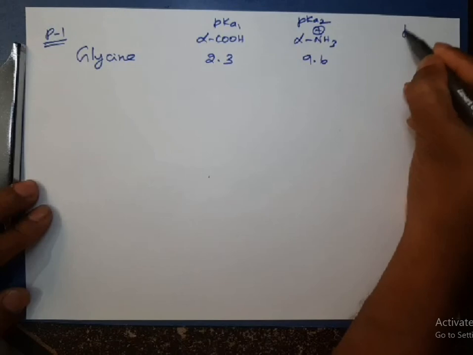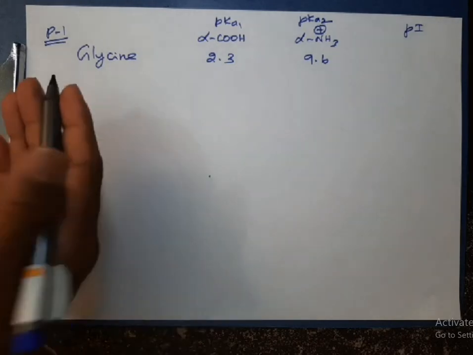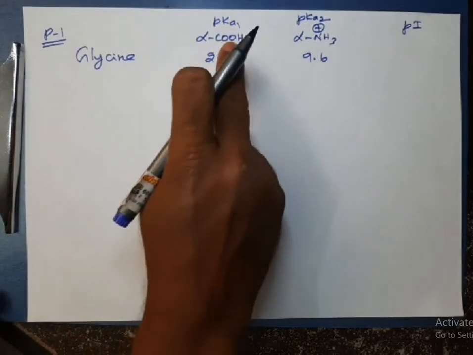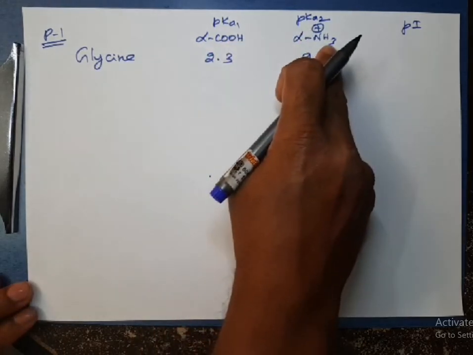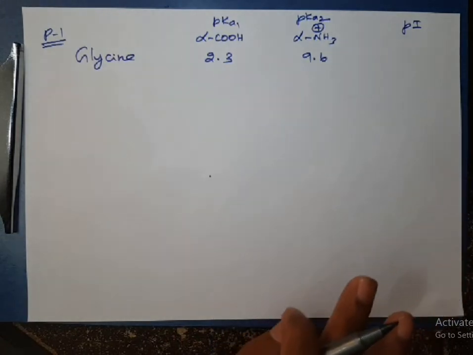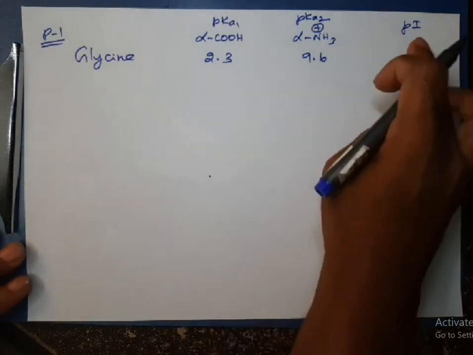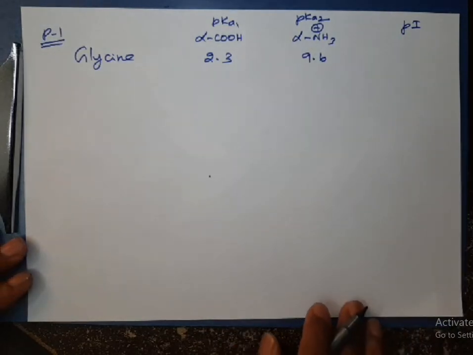Can you tell me what's the isoelectric point, students? This is a neutral amino acid. For a neutral amino acid, the pKa value for the COOH group and the pKa value for the NH3 plus group alone will be given. To find the isoelectric point, just add the two values, divide by 2. That's all. What's the answer? 5.95.